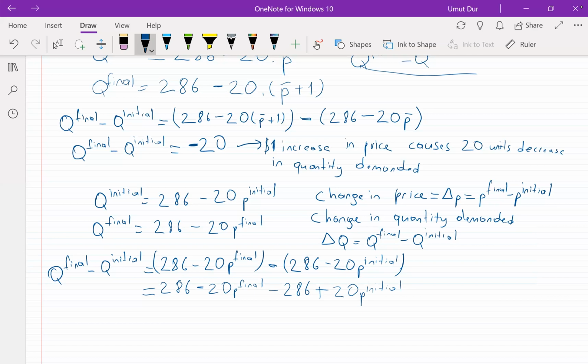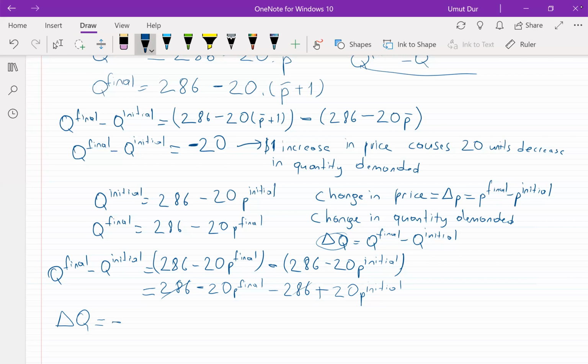Remember, the left hand side of the equation is Q final minus Q initial, which is delta Q. So delta Q will be equal to, 286 will cancel each other.